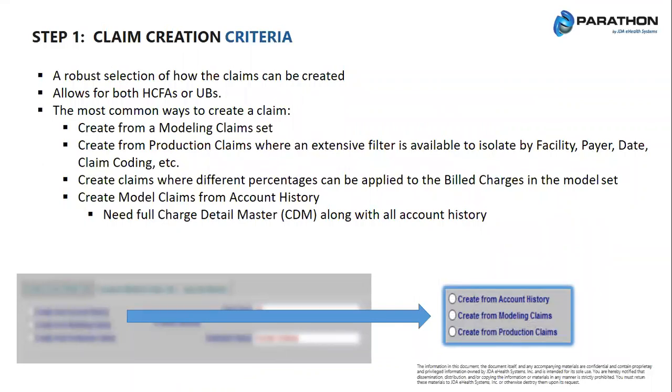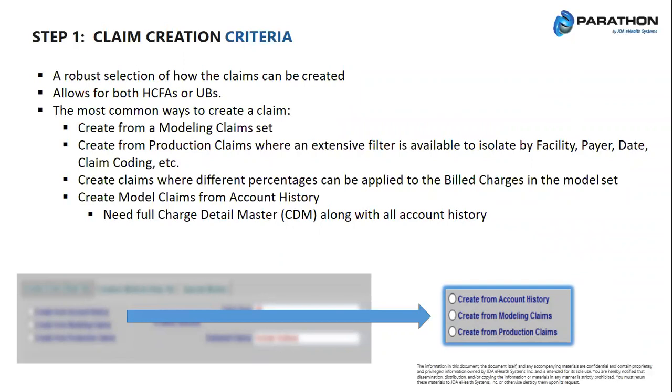So step one is claim creation criteria. Parathon has a very robust selection of how claims can be created. We allow for both HCFAs and UBs, but the most common ways to create a claim are to create from a modeling claim set, or create from production claims, where we have an extensive filter so we can isolate by facility, payer, date, and claim code.